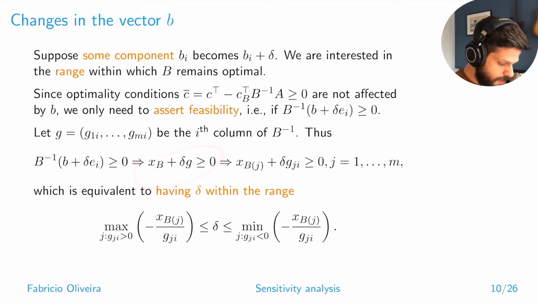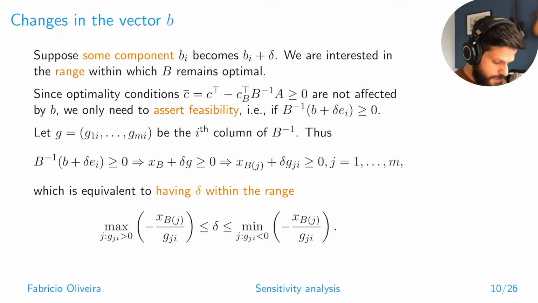This has to hold component-wise. So basically we are looking at that column of B inverse and looking at each of the row terms and trying to guarantee that this is the case. This is going to be just a game with the signs of the elements in g. Whenever g is negative, you have to make sure you're getting the minimum of them.